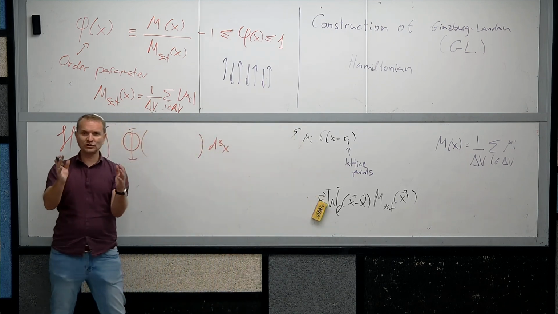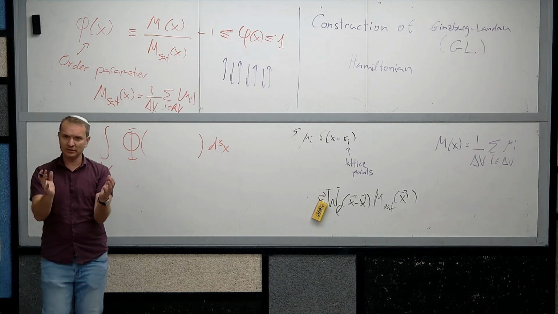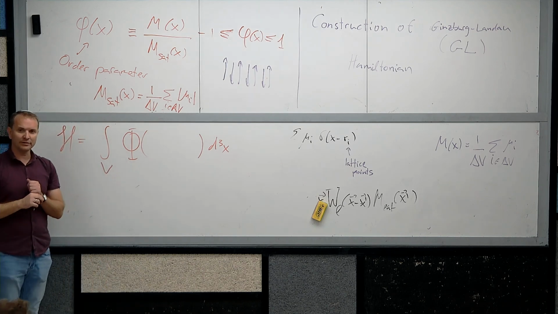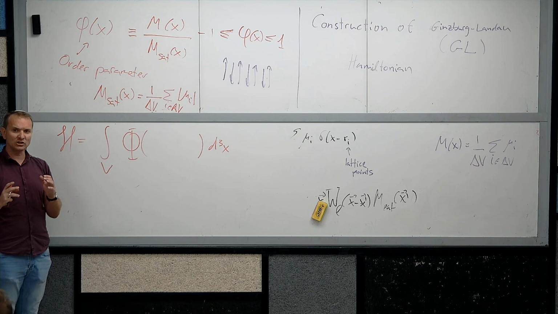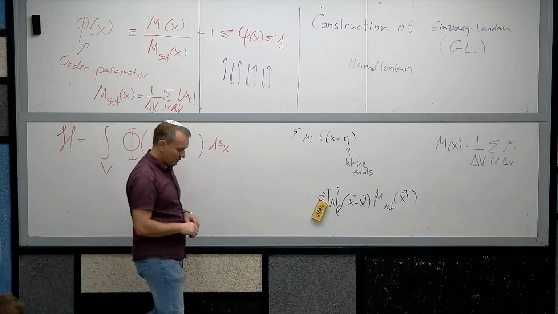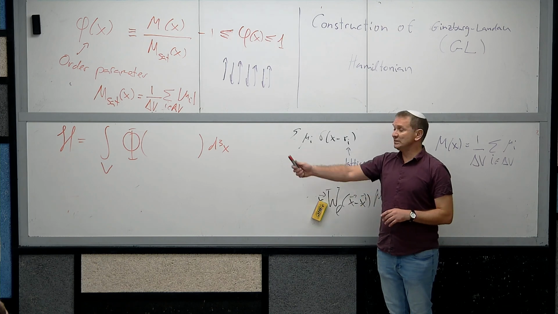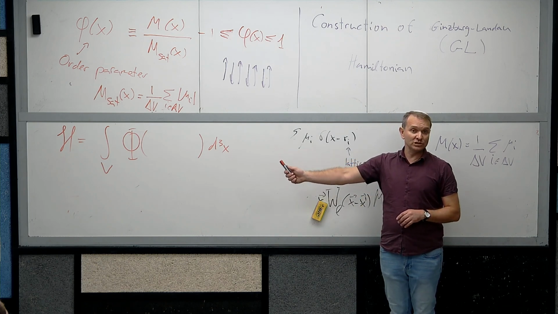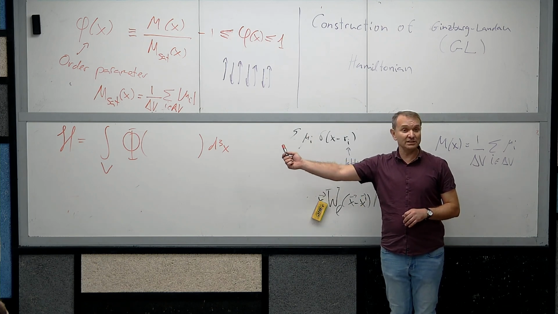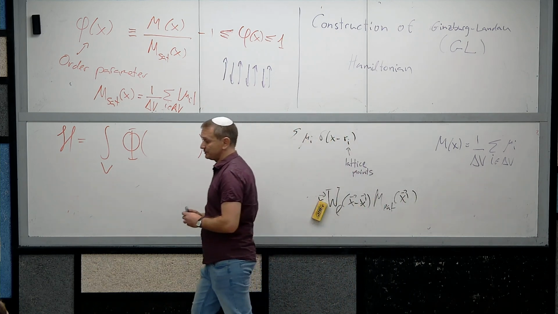Now I coarse grain. The moment I coarse grain, I somehow brought all those different interactions to be inside my effective field. And now I just sum up over all the different energies or energy densities that I have inside my system.